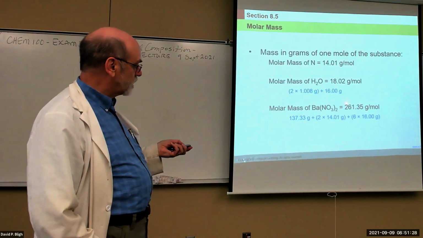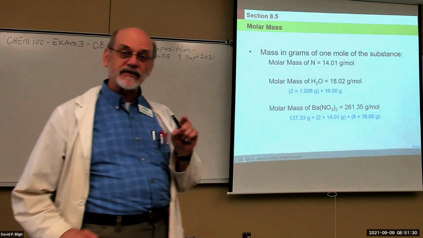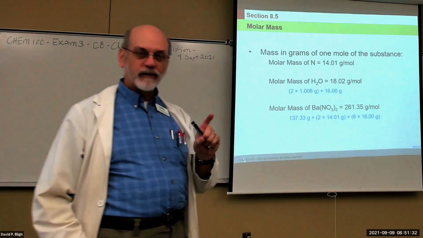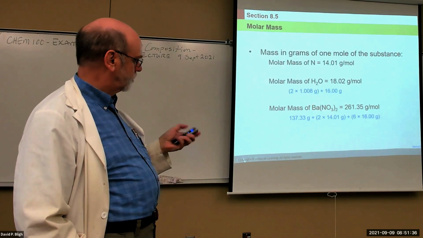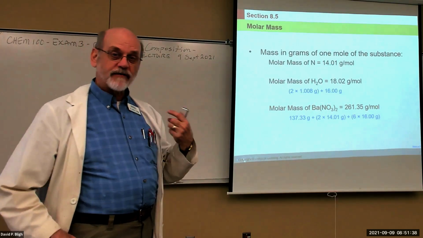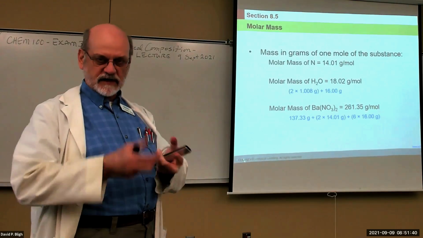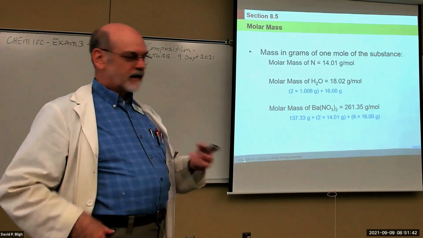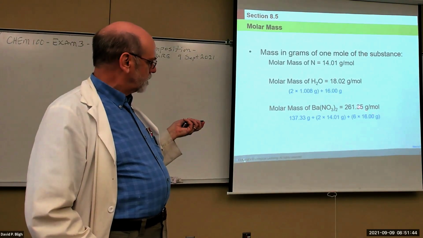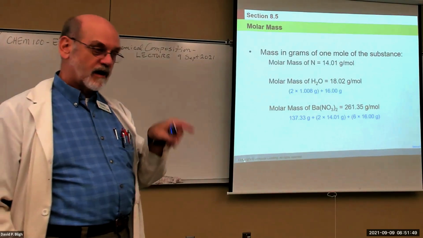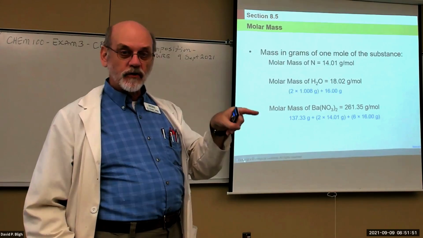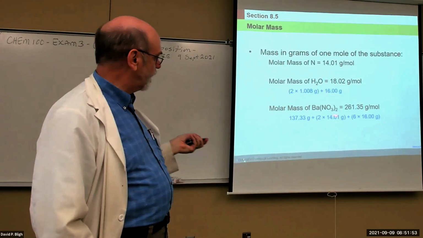And that's where you get 261.35 grams per mole of that formula unit, right here. So if you have a solid barium nitrate in a jar, and you determine that you have 261.35 grams on your balance, you know that that's a mole of that compound.